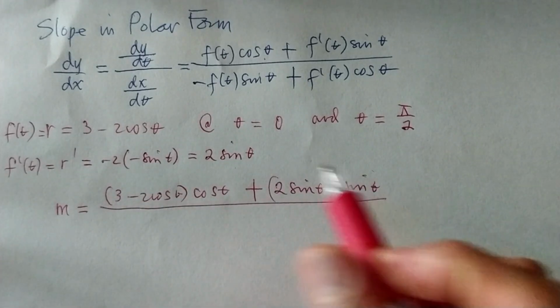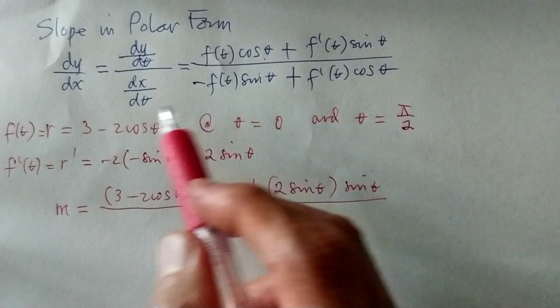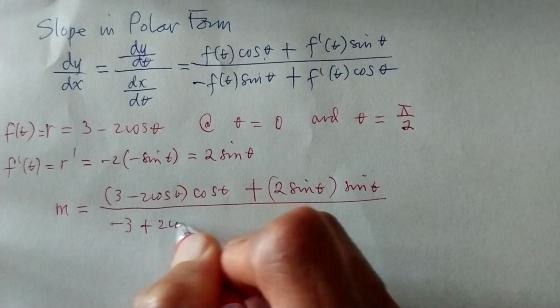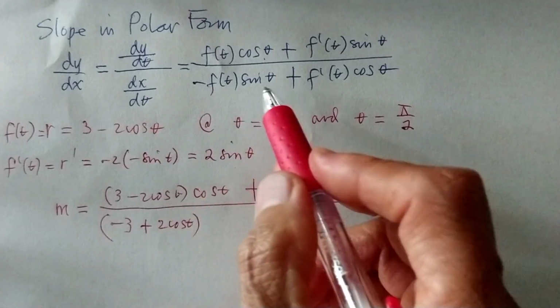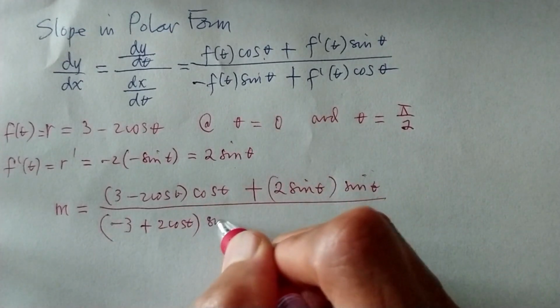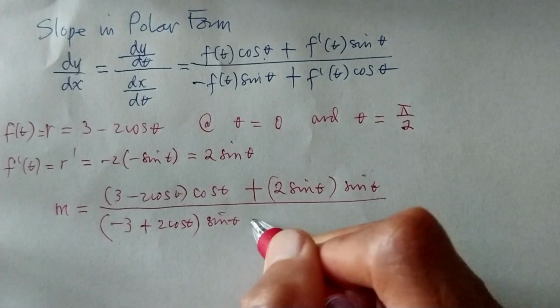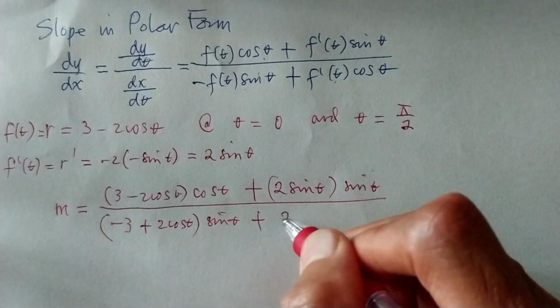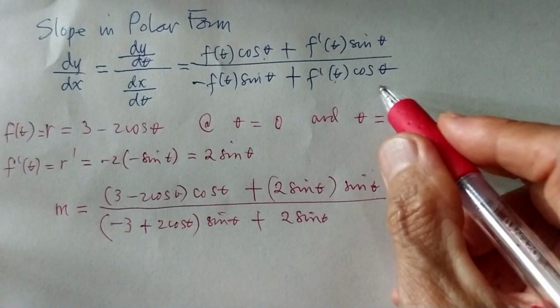everything divided by the negative of f of theta, so it's going to be negative 3 plus 2 cosine theta, times sine theta, plus the derivative of f, which is 2 sine theta, times cosine theta.